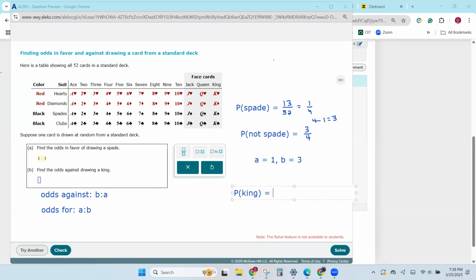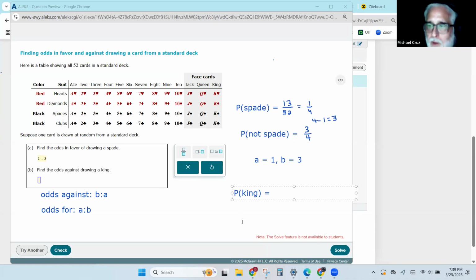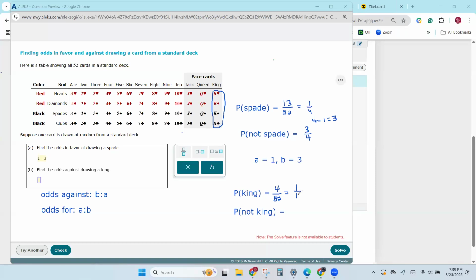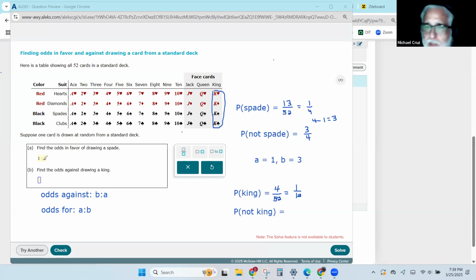So would it be 4 over 52? I think you're right. But let me go ahead. So 4 kings out of 52, and we'd be better off simplifying this. So that's 1 over 13. 4 goes into 52 13 times and into itself once.